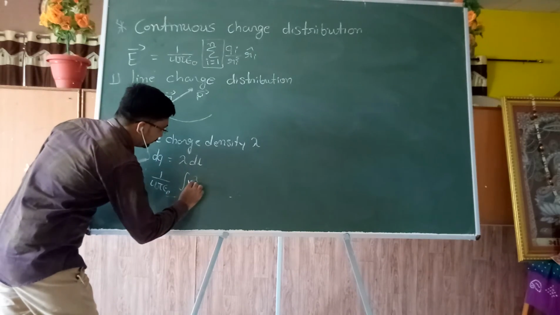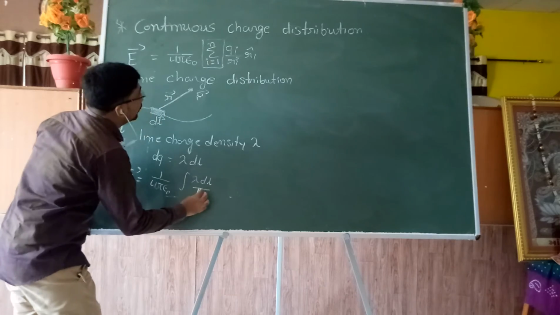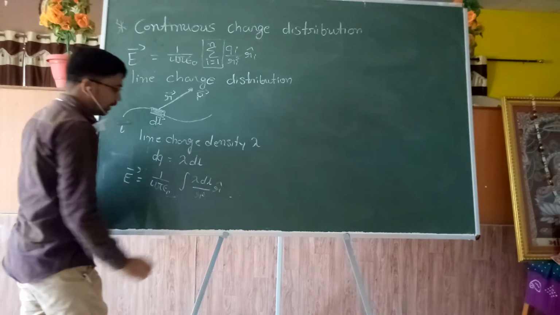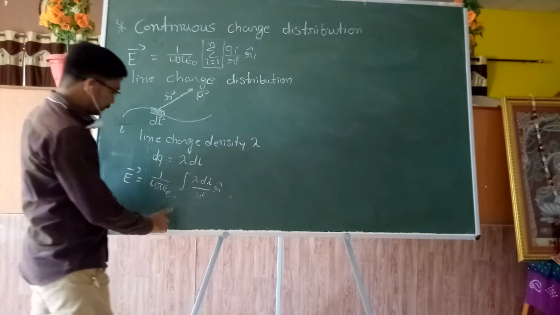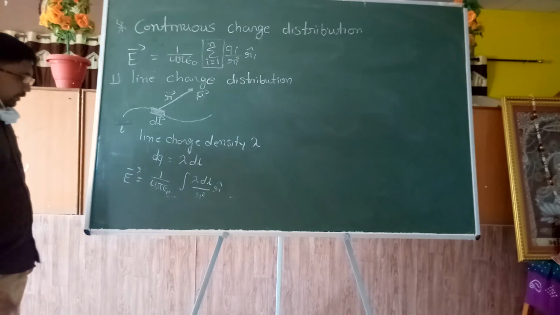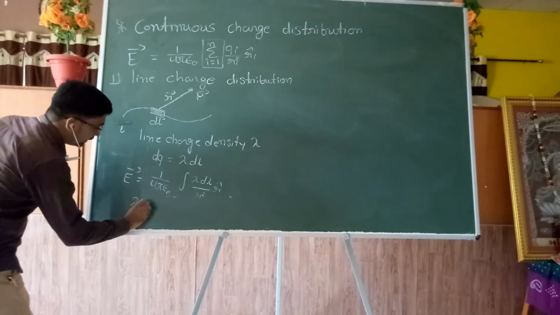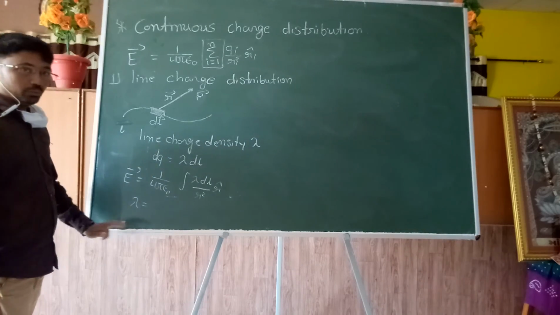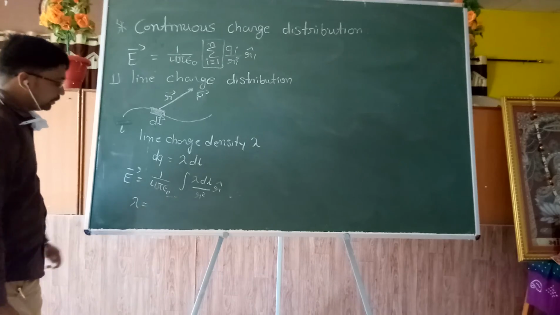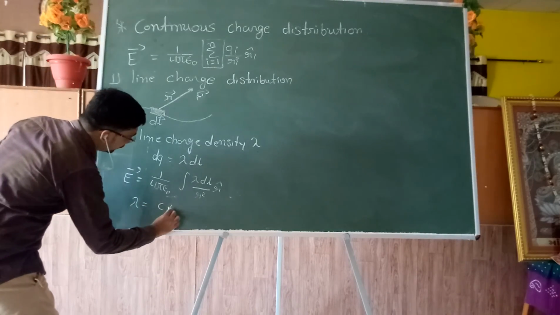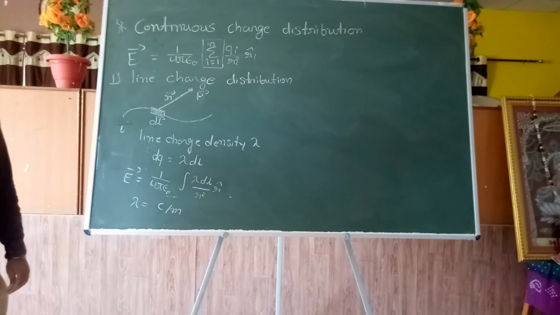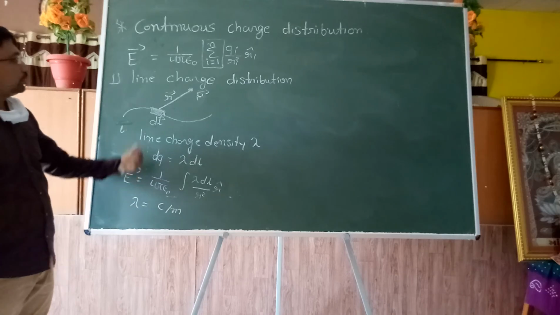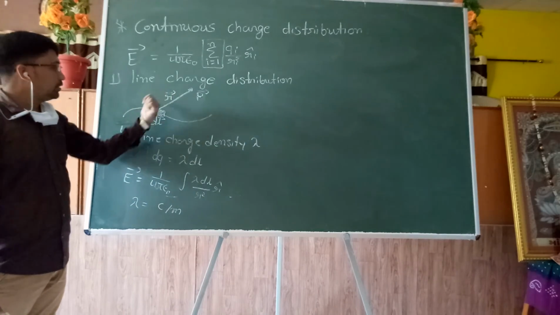So it must be lambda dl upon r square into r cap. Okay, so this is the line charge distribution. Here, as we told, lambda is the line charge density, and the unit of line charge density is coulomb per meter. Okay, so this is the line charge distribution, uniformly distributed charge on the line.